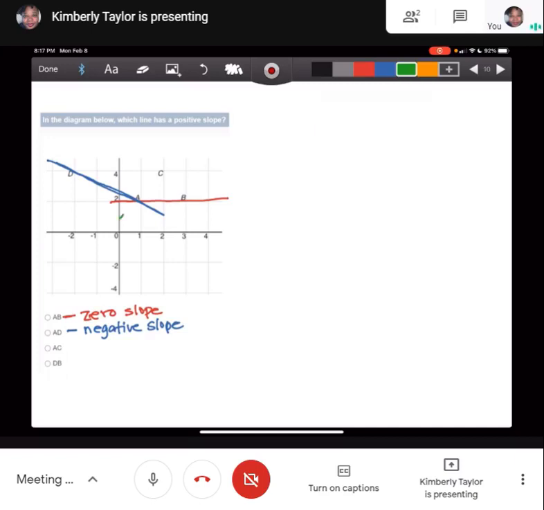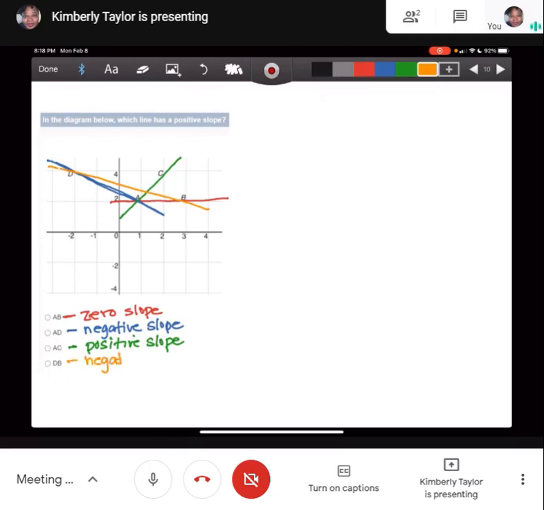Line AC, there's my positive slope. And then line DB has a negative slope as well.